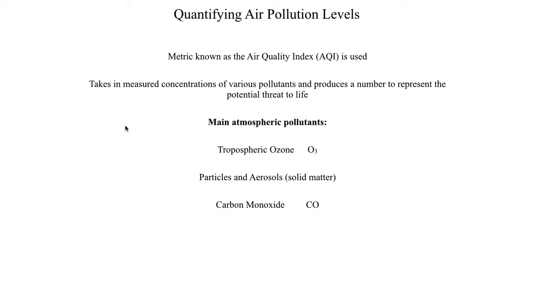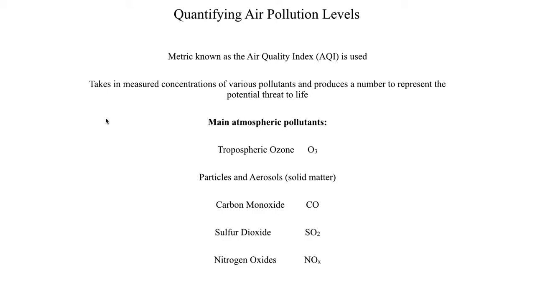Another one, carbon monoxide, is simply a carbon atom bound to an oxygen atom. Another one, sulfur dioxide, SO2, and then nitrogen oxides, which is a broader category because you can have multiple different nitrogen oxide compounds, whether that's nitrogen oxide, nitrogen dioxide, or nitrogen trioxide.